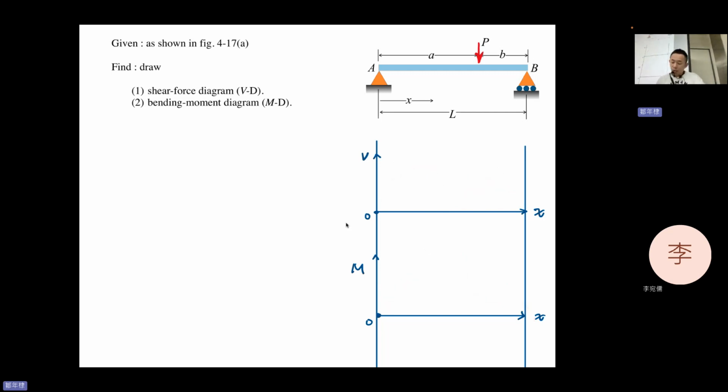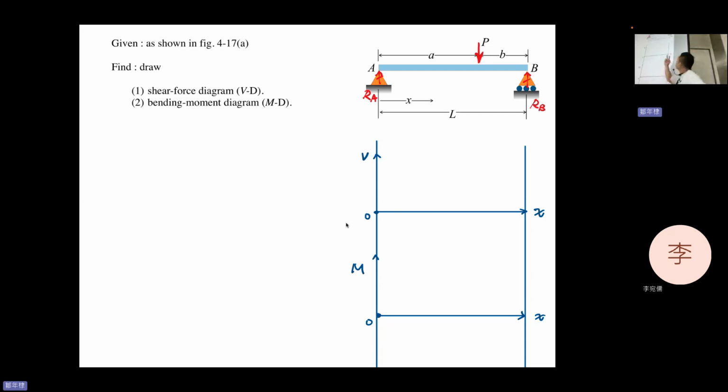Then we are going to solve it. Firstly, the reaction forces. There are two reaction forces on the hinge, RA and HA. But do we need to consider HA? No, because there's no horizontal force. And RB is vertical, so only one.